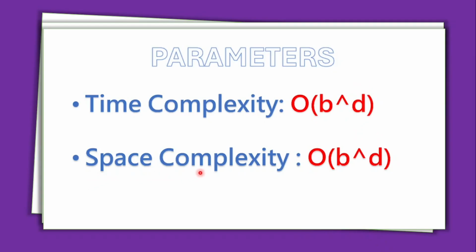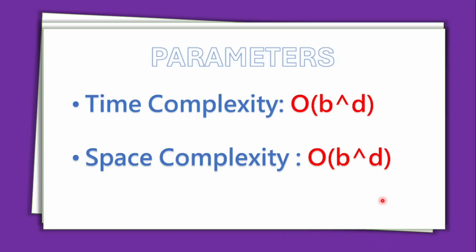And secondly, space complexity can be understood as the maximum number of nodes in the memory at any particular instance, which will be our worst case space complexity, right? And again, the space complexity is big O of b raised to the power d, where b is the branching factor and d is the depth of the shallowest goal node. This was all about time complexity and space complexity of BFS.